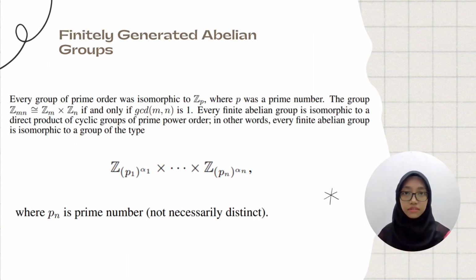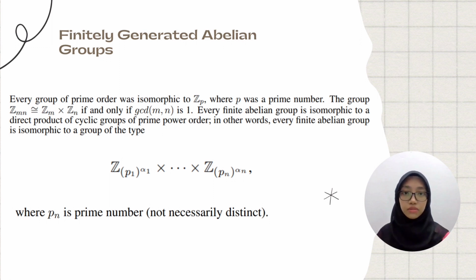Finitely generated Abelian groups. Every group of prime order is isomorphic to the integers modulo p, where p is a prime number. The group integers modulo mn is isomorphic, and cyclic, to integers modulo m times integers modulo n if and only if GCD(m, n) is 1.